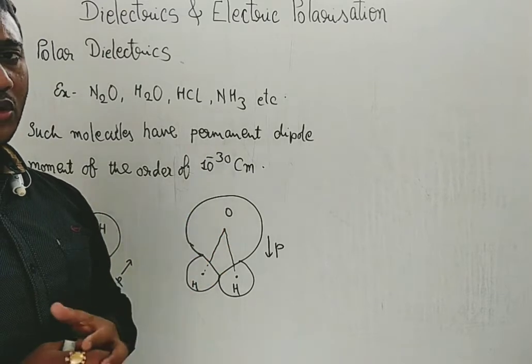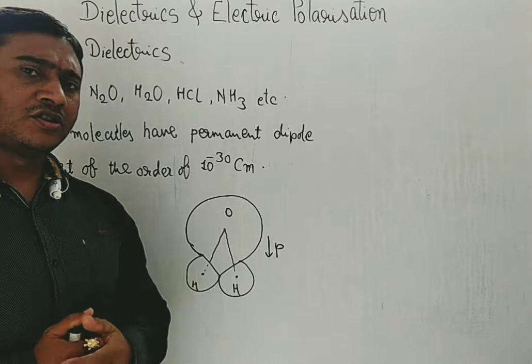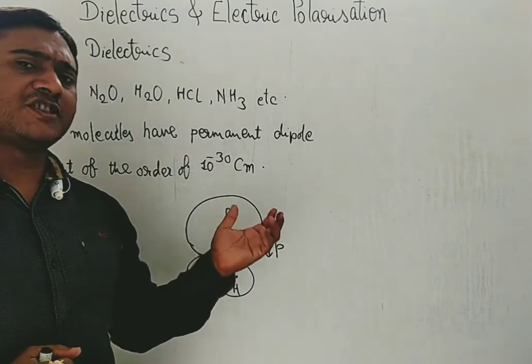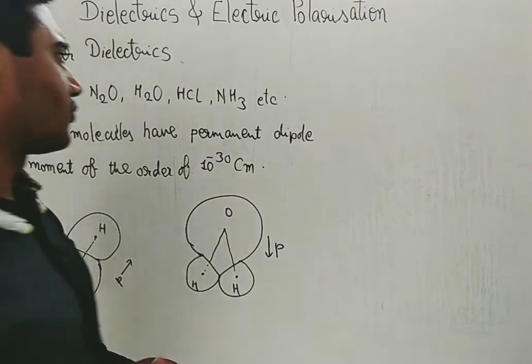So on the whole, the average electric dipole moment per unit volume of that specimen is always zero in the absence of external electric field.